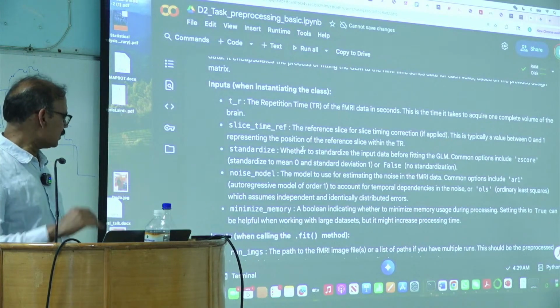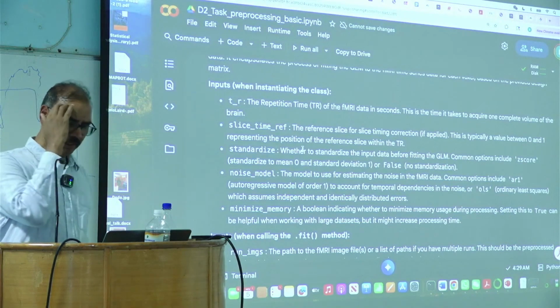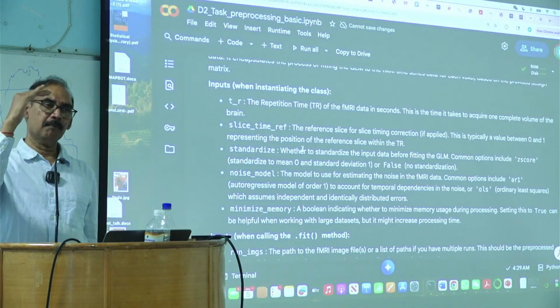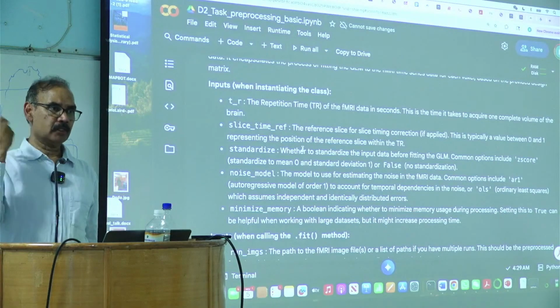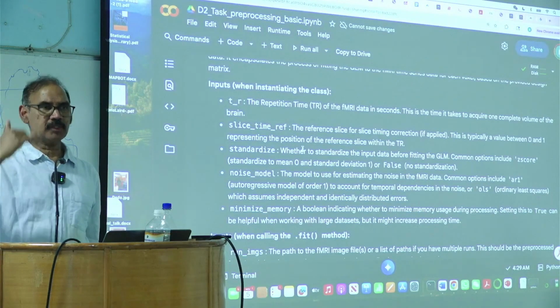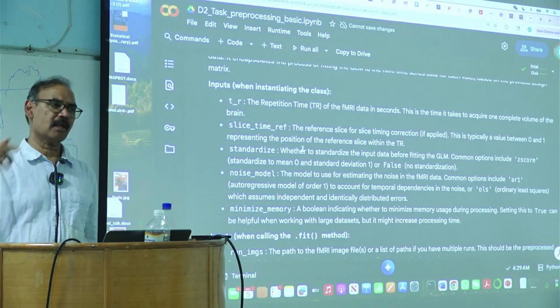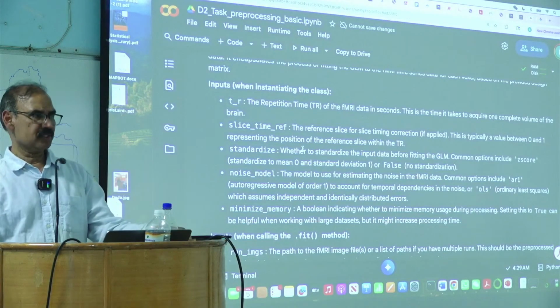Remember I had mentioned how when the data is collected, it is typically 1, 3, 5, 7, 9, 11, called interleaved, and then 2, 4, 6. So between the first slice and the second slice, there can be a delay of 1 second.